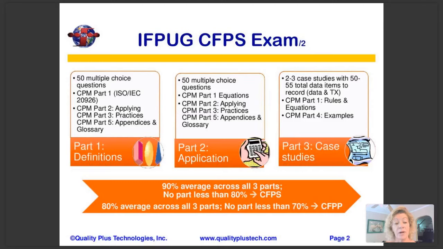The important parts for you to look at for part 1 and part 2, for the definitions and the application questions for the exam, are going to be to take a look at the first part, which are the rules, and the last part, which is the appendices, which are my calculations and your calculations, and the glossary.